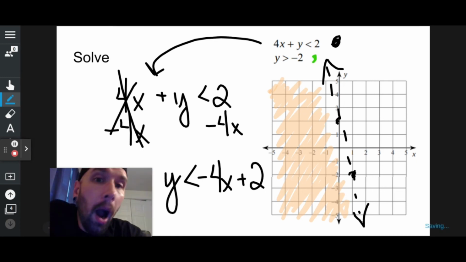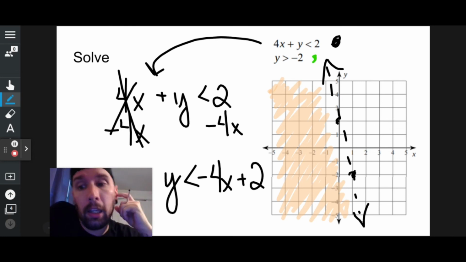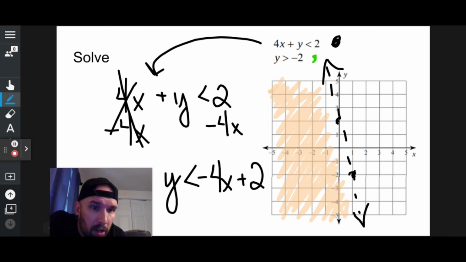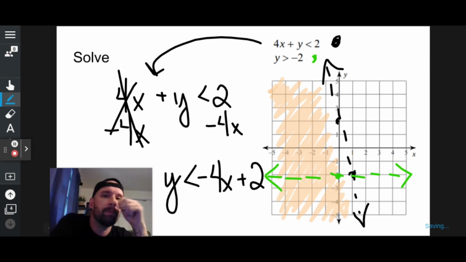So y equals, or in our case, y greater than means we're going to go to negative 2, there it is. And since this is greater than and not equal to, we're going to draw a horizontal dashed line. Because technically, I could write this out as y is greater than 0x, which means my slope is 0, which is a flat slope.